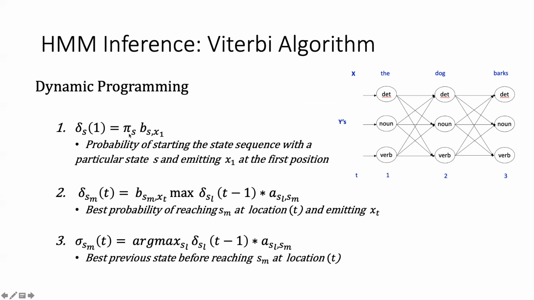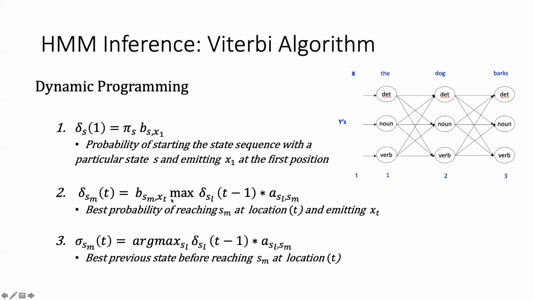This is computed by the initial probability and the emission probability of being in a state S and emitting the word x1. So this is how the deltas are computed in the first instance.